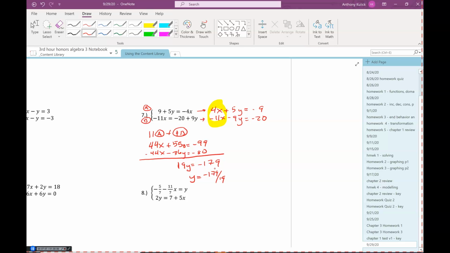Okay. And then to find my solution for x, I'm just going to plug this y in someplace. I think the easiest place to plug in would be equation A, since the negative 4x is already by itself.